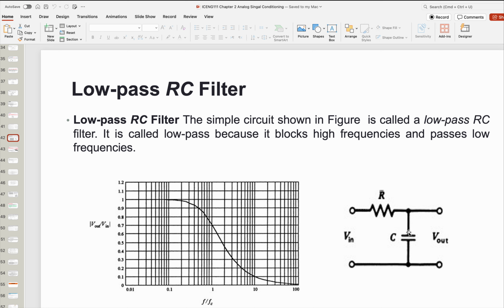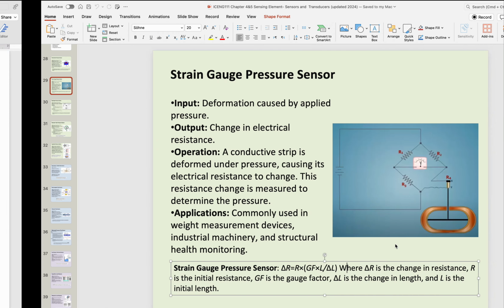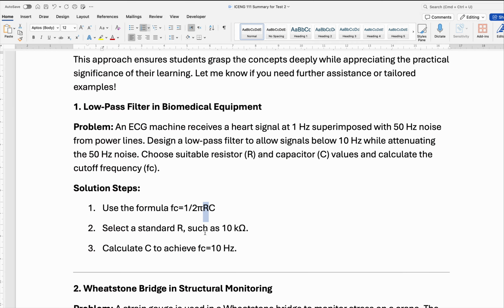I already found the value of C, which is 0.01 microfarad, and based on that, I'm going to calculate the resistance based on the cutoff frequency that I have. So I'm designing this, and this design will help me to pass the heart signal, which is 1 hertz, and it will not allow the 50 hertz.